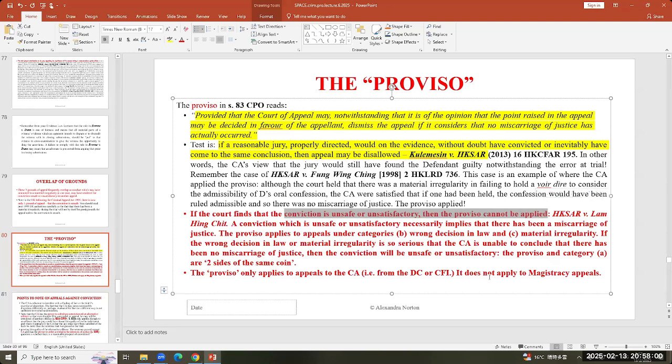So the proviso only applies to a wrong decision in law or a material irregularity, because saying that the conviction is unsafe and unsatisfactory and the proviso are two sides of the same coin. And the proviso only applies to appeals to the CA, right? Not to magistracy appeals.